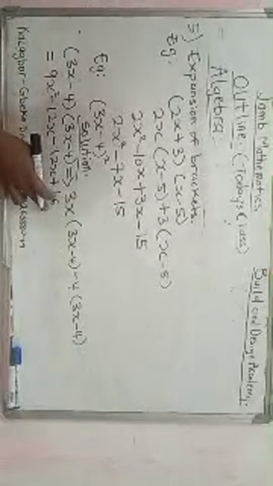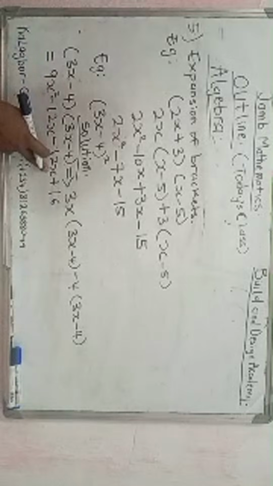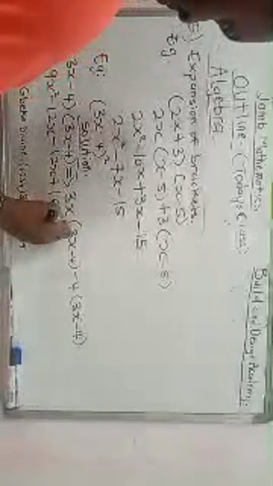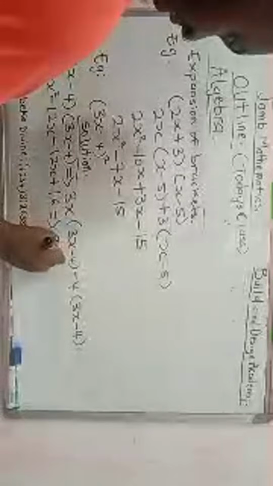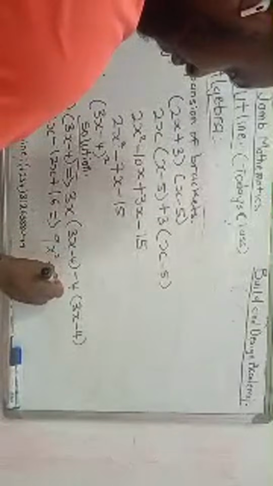Next up, we'll look at both of them. Is there any other x squared here? No, no other x squared. So now let's move to the next variable, x. There's x here, there's x here. So we'll have what? 9x squared minus 12x minus 12x will give us minus 24x. Then plus 16.